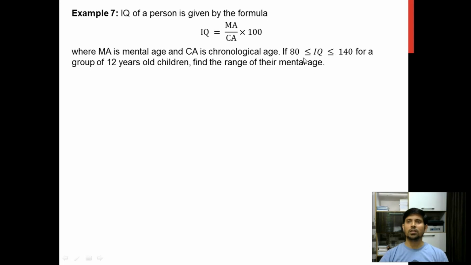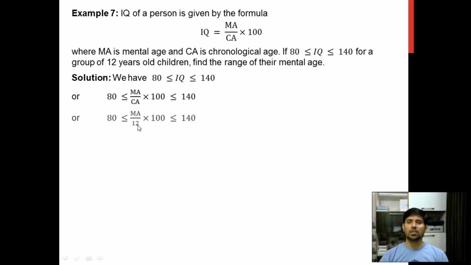Now what is the relation given? We will write here. We have IQ lying between 80 to 140. What is the formula for IQ? MA upon CA into 100 we will put here. This is MA upon CA into 100 lying between 80 and 140. Now we will put the value of CA. CA is 12. Now what we will do? We will multiply each term by 12.